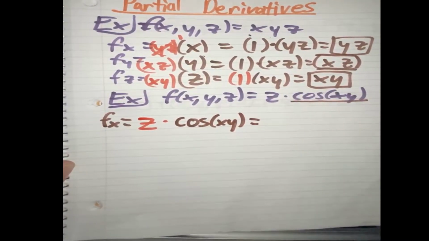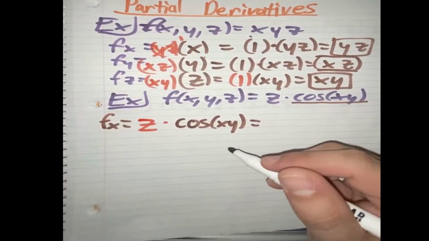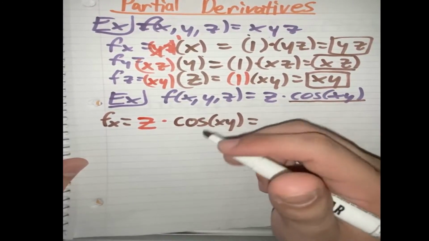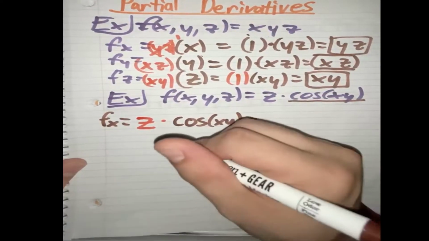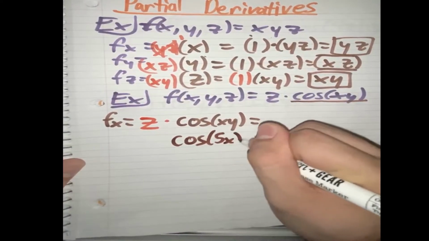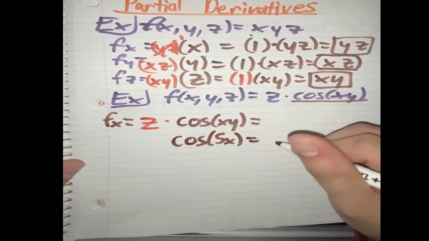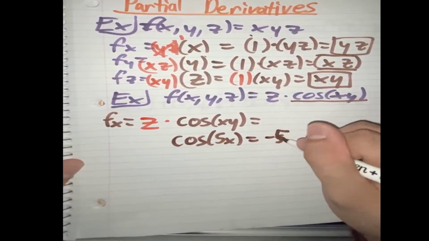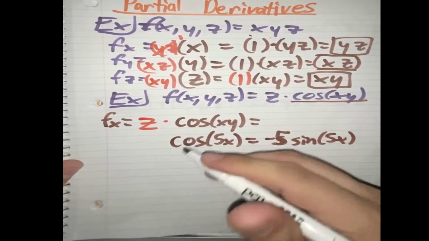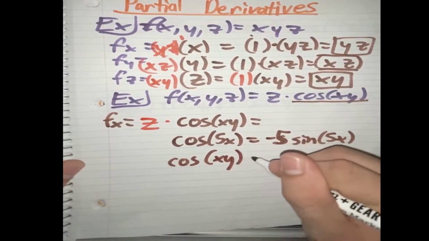So for the derivative of this, we ignore the z and focus on the cosine of xy. But since it's with respect to x, what if we substitute the y for another constant, like let's say 5? So cosine of 5x. Now this makes it a lot easier. The derivative of cosine of 5x is negative 5 sine of 5x. So what would the derivative of cosine of xy be equal to?